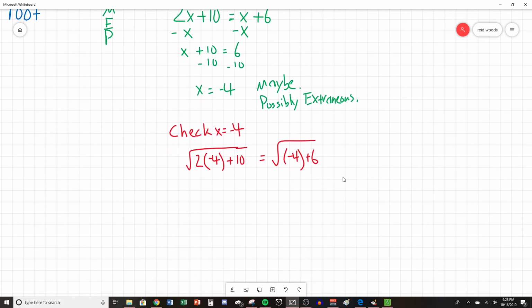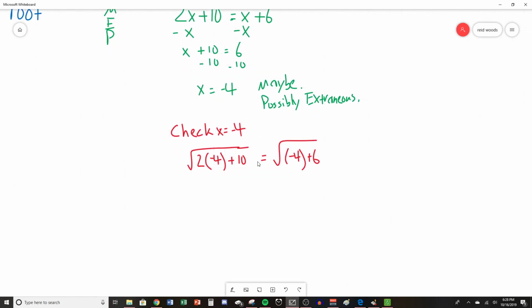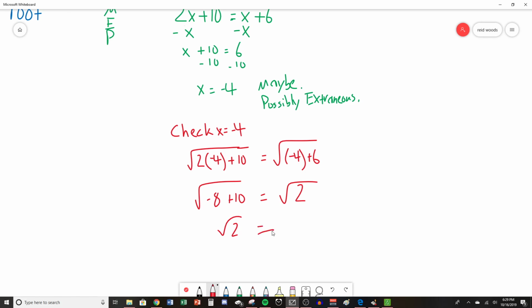And for work shown, say on a test, I would need to see that you set this up, and then however you get to this final confirmation is fine. I'll just do it by hand. This is going to be the square root of 2 times -4 is -8 plus 10 is equal to, over here, I'm going to have the square root of -4 plus 6, which is 2. When I add these here, I get square root of 2 equals square root of 2.